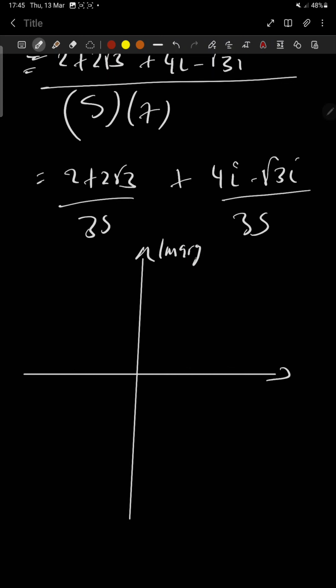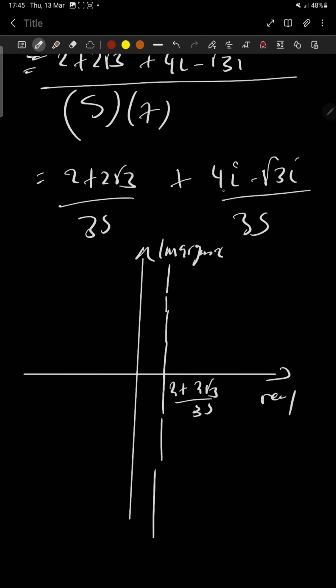Imaginary and real. Now 2 plus square root of 3 is 1 point something, so this is 4 over that, it is 0 point something, so you can just approximate. This is real here, so this number you can approximate as 2 plus 2 square root of 3 over 35.